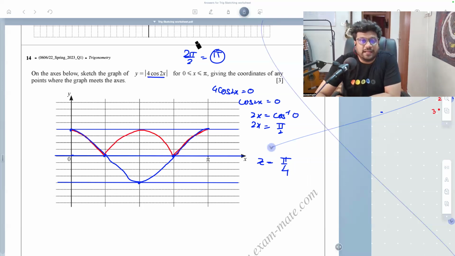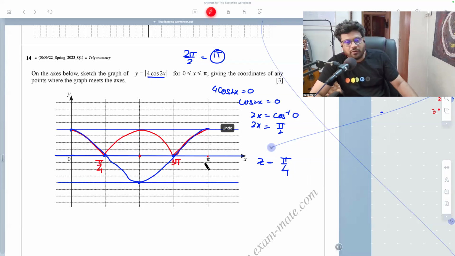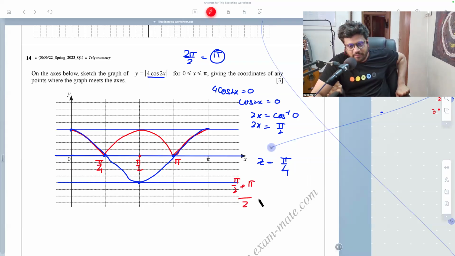They said they want the coordinates to be given. So I'll go do pi by 4 and pi. This is pi by 2. This is pi. Oh, sorry, I'm wrong. Pi by 2 and pi. What lies between pi by 2 and pi? Well, we're going to have to see pi by 2 and pi divided by 2.